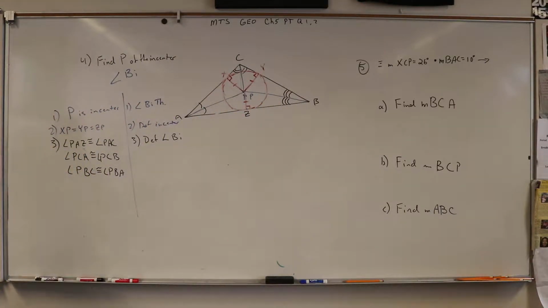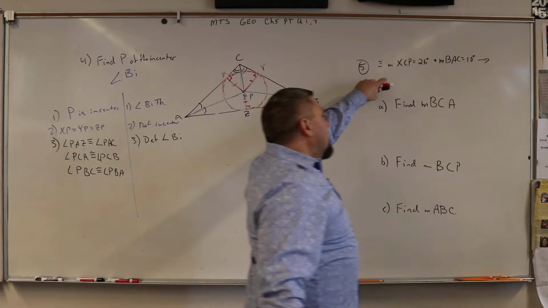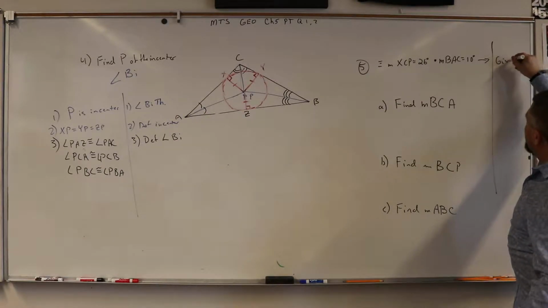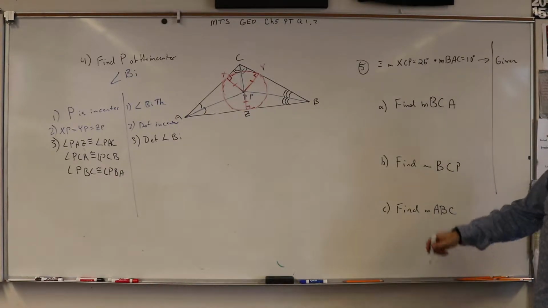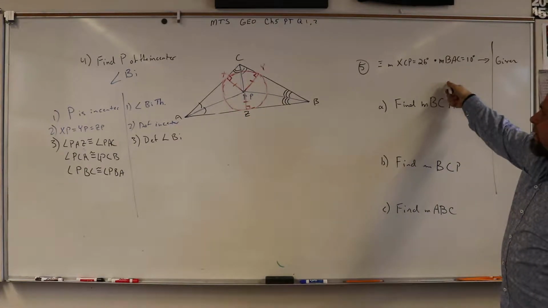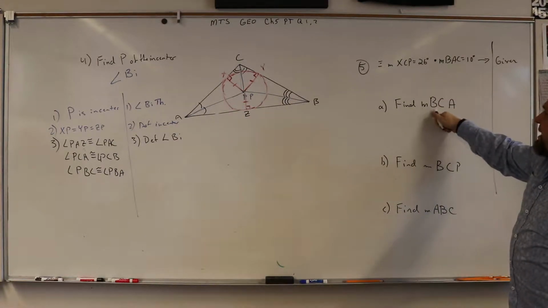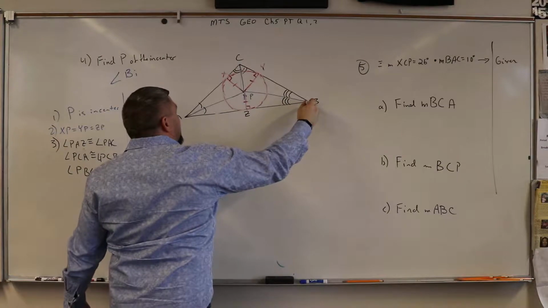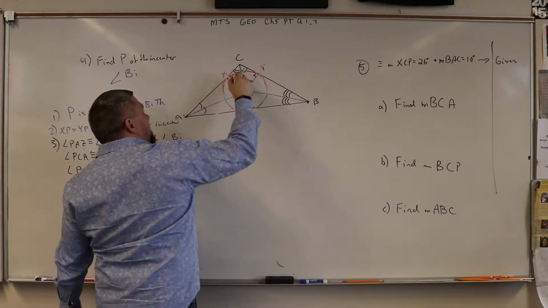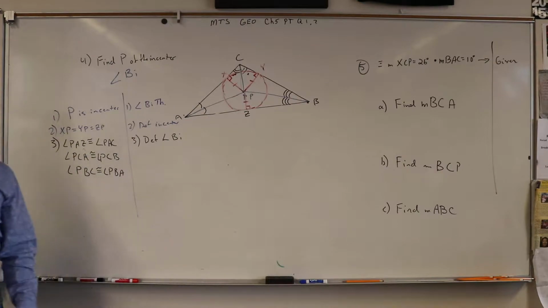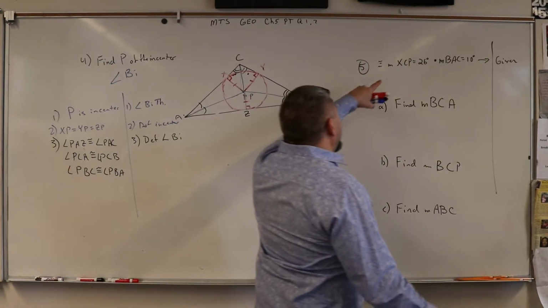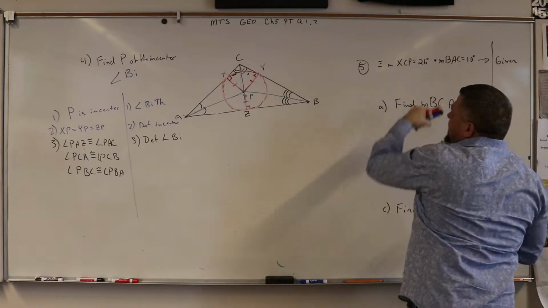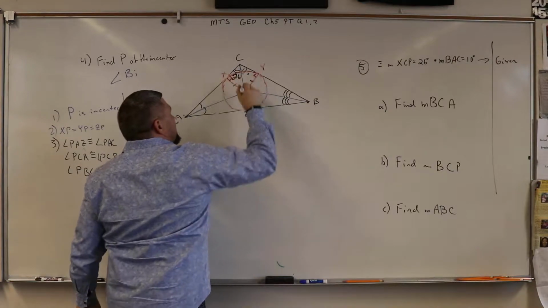And that's huge. Because now we're given this. Given. And because this is given to us, how do we find BCA? BCA would be these two, right? Well, we're given that XCP is 26. That means this is 26, right?